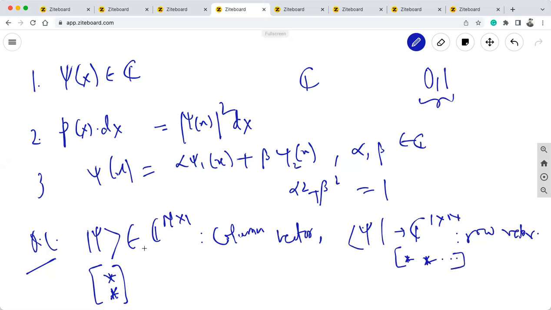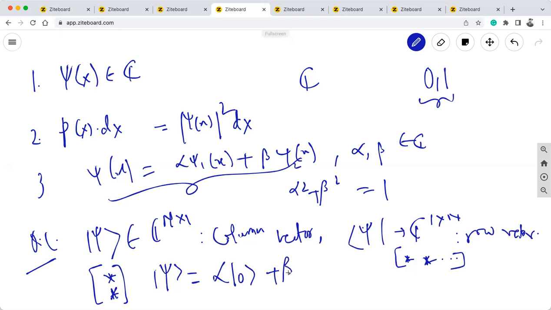So any quantum state you can represent as ket psi. In a binary digital computer you have two bases, 0 and 1. So it is a superposition. If you use the superposition principle, you can represent it as alpha ket 0 plus beta ket 1, where alpha squared plus beta squared equals 1. This should be validated.